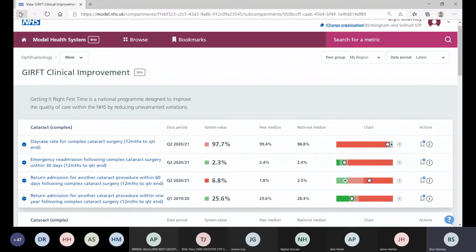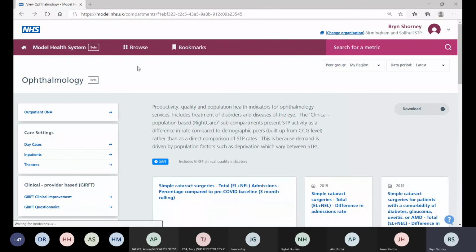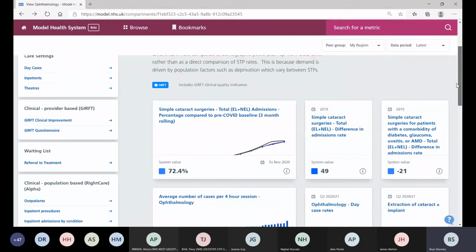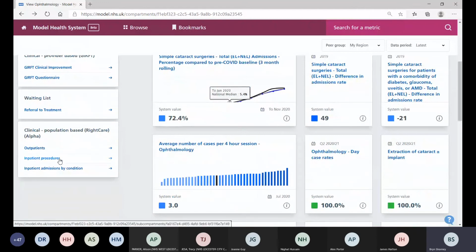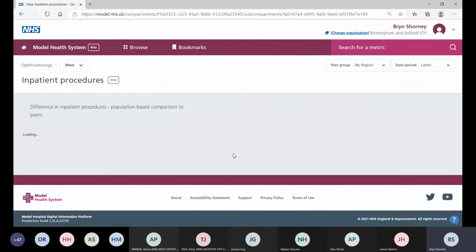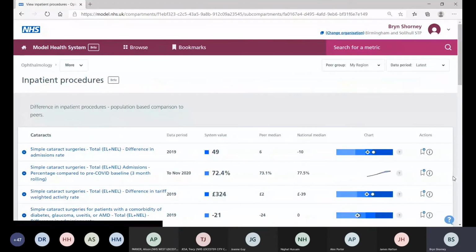And then alongside that, we've got the Rightcare information. So for example, if I go to inpatient procedures, from the GIRFT section, you'll be able to see how we're doing on day case rates for cataracts.